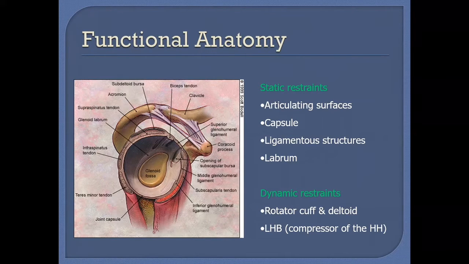Other static constraints include the capsule, which is quite capacious, and the ligamentous structures, which are predominantly the superior, middle and inferior glenohumeral ligaments. The dynamic restraints are the most important for the dynamic stability of the shoulder, and these are the rotator cuff and deltoid, and also the long head of biceps, which acts as a compressor of the humeral head.